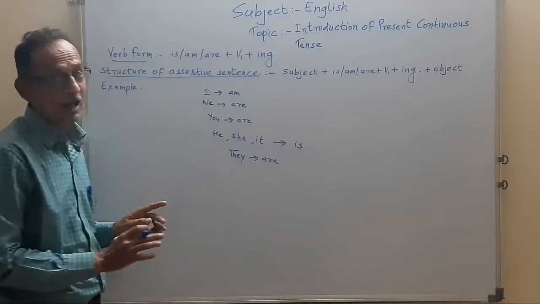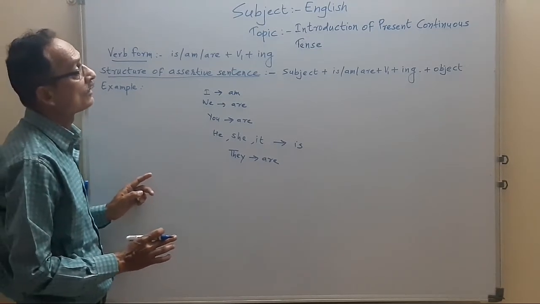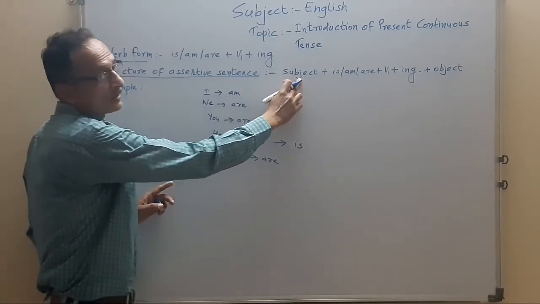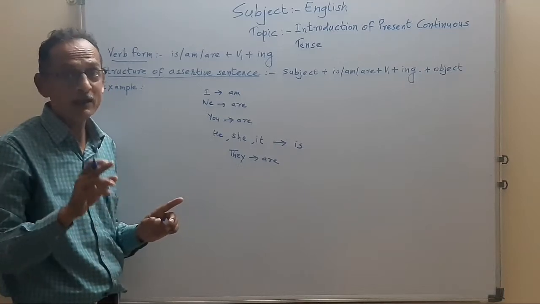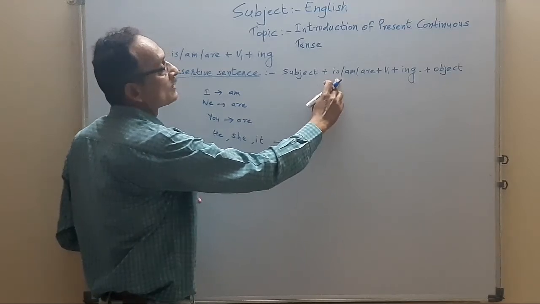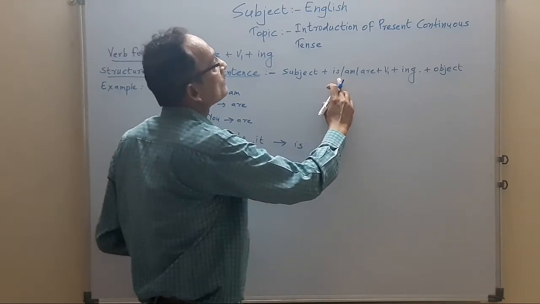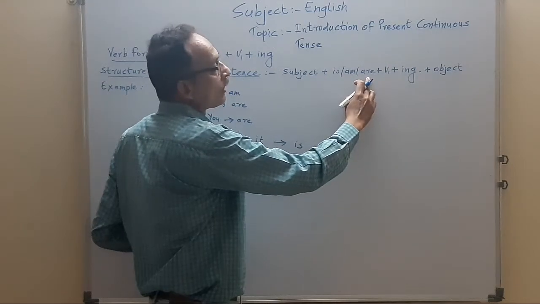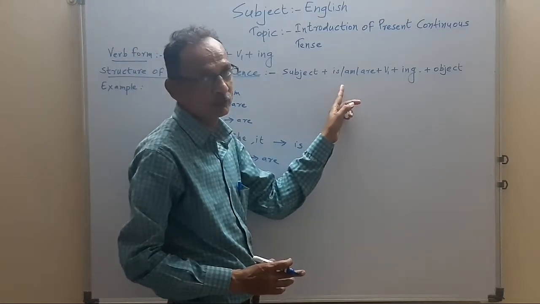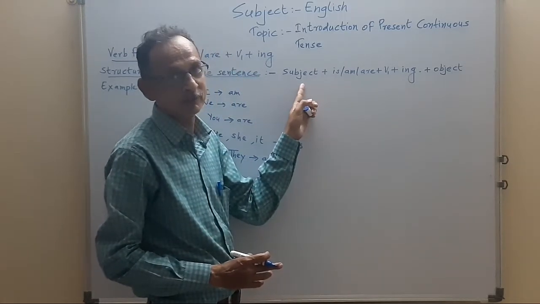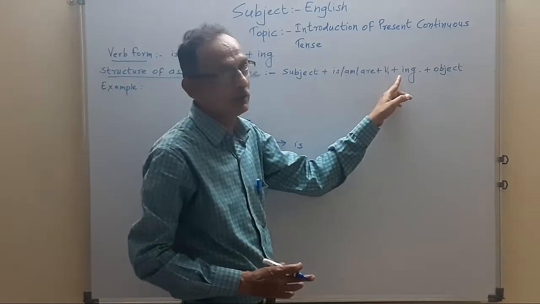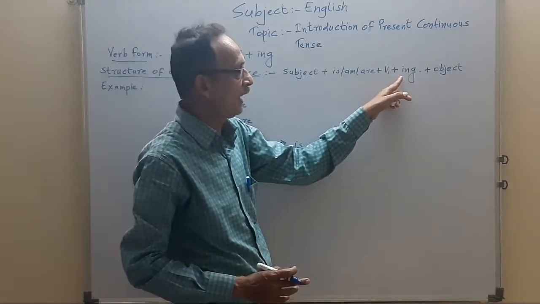In the last video we learned that in the structure of an assertive sentence, as a subject we use a noun and pronoun. And then in present continuous tense the verb form is am, is, are. We use one of the to be verbs according to the subject, and then the base form of the main verb, and we add the participle ing.